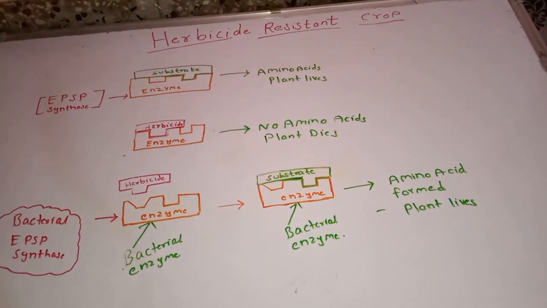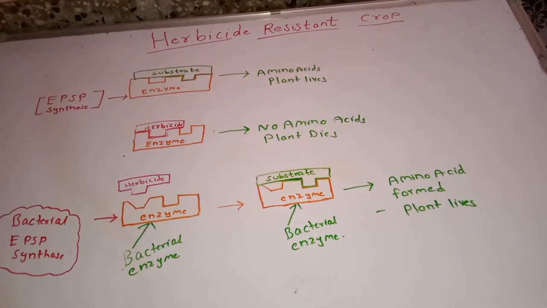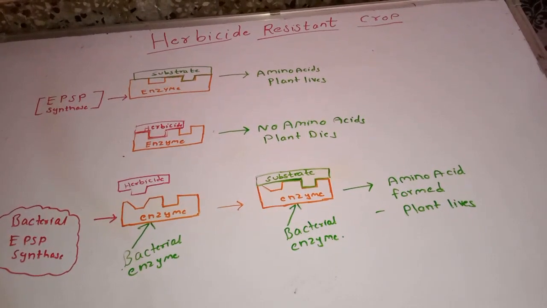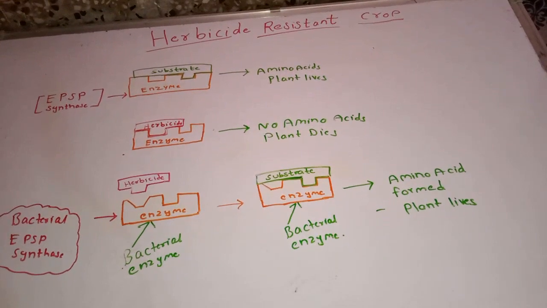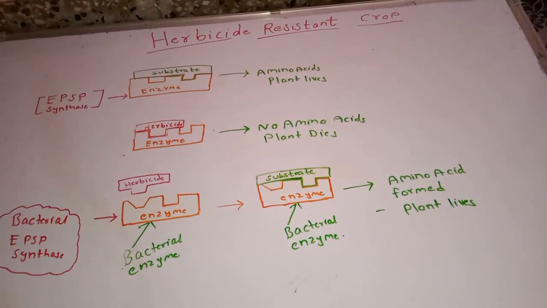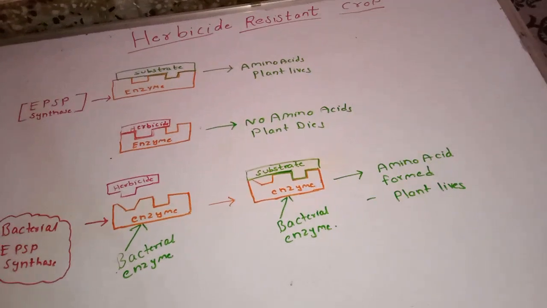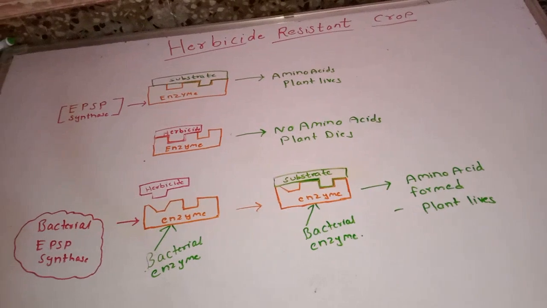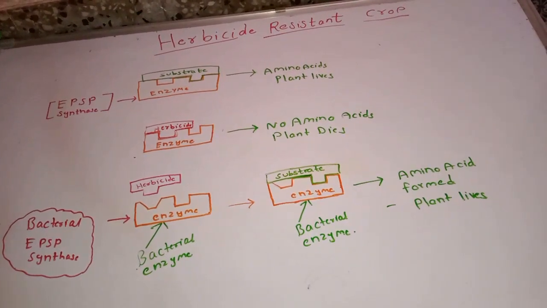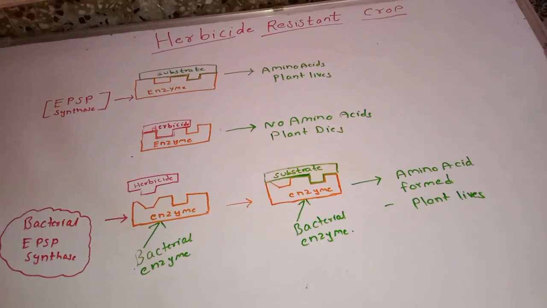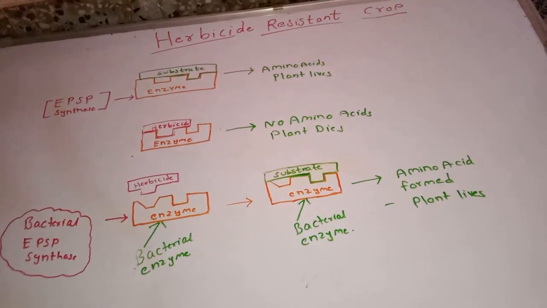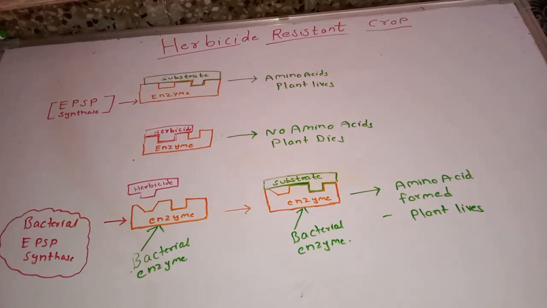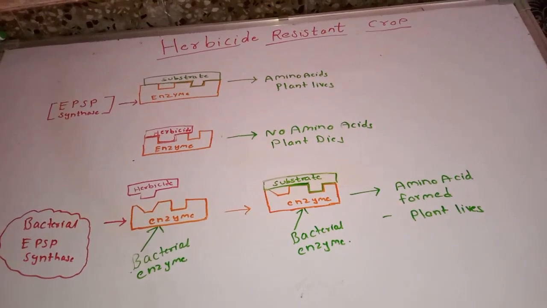Since the substrate cannot attach to the enzyme, there will be no formation of essential amino acids and the plant dies. This is how the herbicide works, as a competitive inhibitor of the enzyme EPSP synthase. Now we know how the enzyme functions and how it is inhibited by glyphosate. Now let's see how we can induce herbicide resistance in a crop.